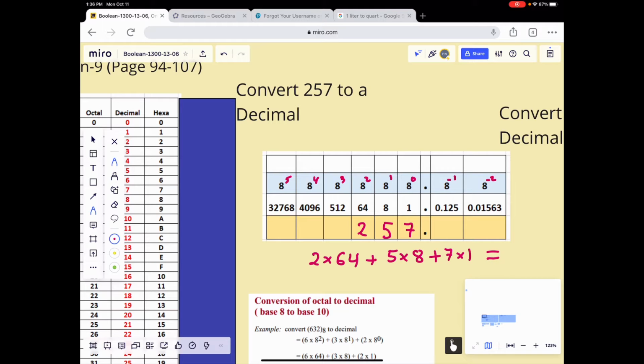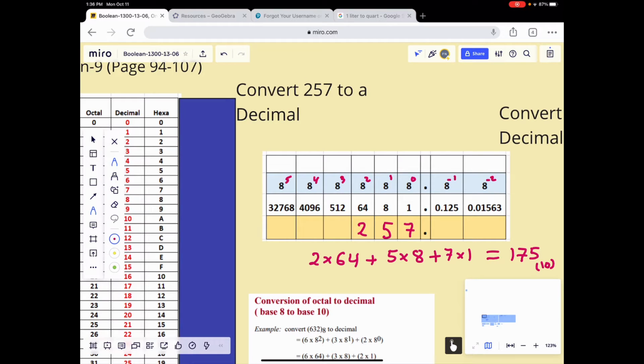Adding all together, you get 128 plus 40 plus 7 equals 175. And this is a decimal number, so I put down 10 as the base.